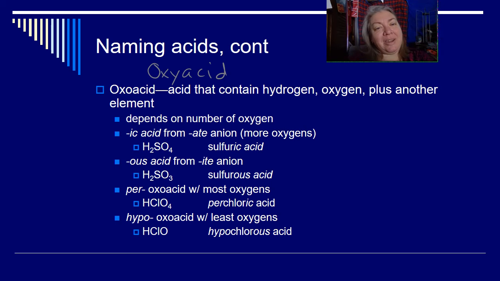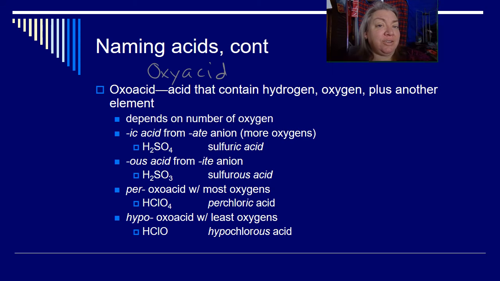So how it's named is actually based on if it has more or less oxygen. It's not necessarily a certain number, just more or less. And that again is based on the polyatomic ion name. So if you remember on that polyatomic ion list that we had before, most of those names end with ite or ate. Ate has more oxygens, ite has less.